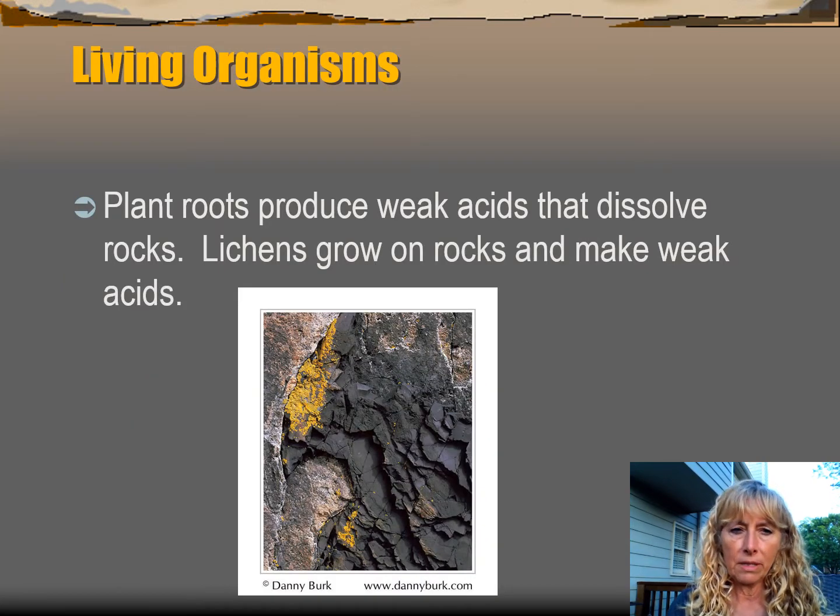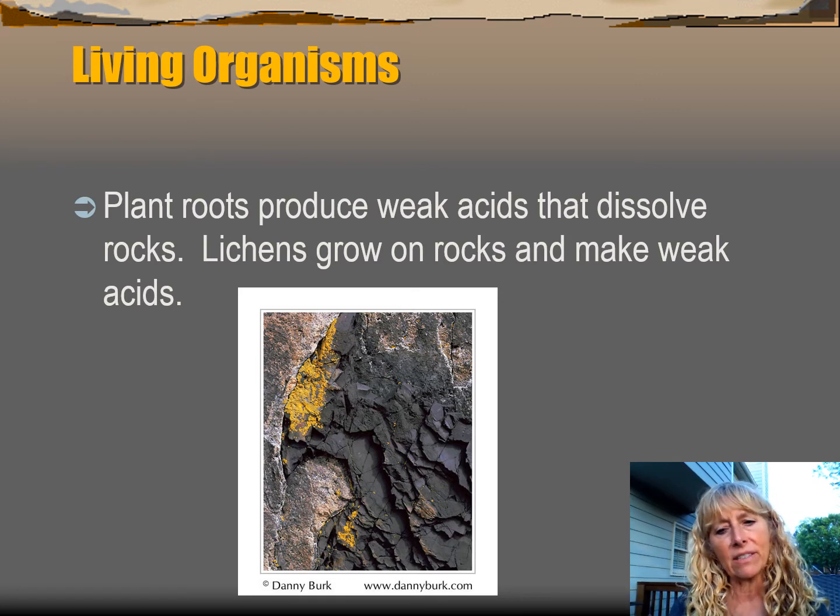Living organisms can also cause weathering in rock, and this is a really cool one. It's called lichen. Now the word looks like "lie-kens," but it is not pronounced that way, it's pronounced "liken." And what happens is these lichens produce weak acids that dissolve rock. They grow on rocks and make weak acids, but around where I live, I find a lot of them on my trees.